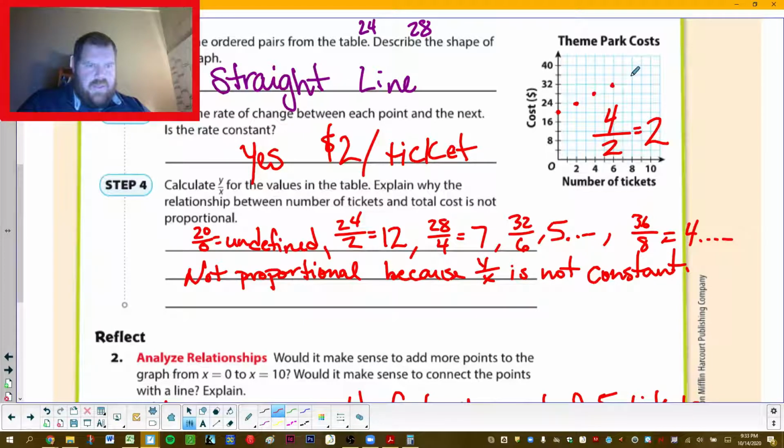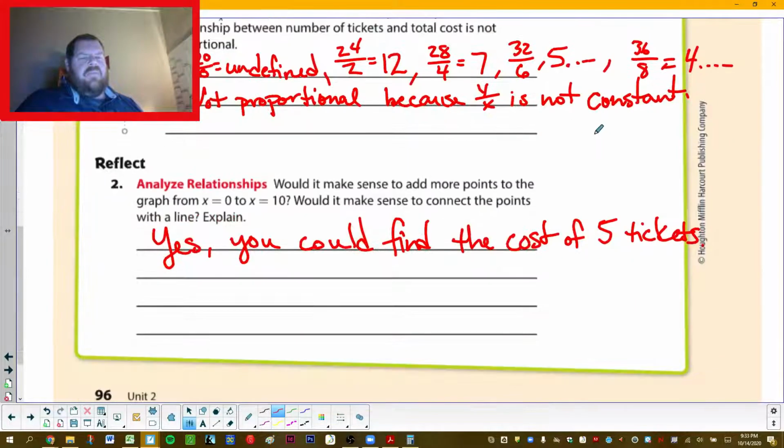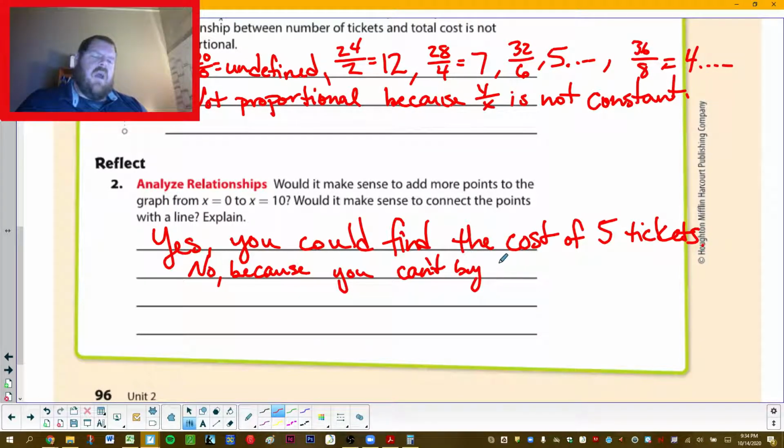So we have these ones. And all they're really getting at is that, I'm just going to go ahead and say no, it would not make sense to connect the points with a line, for the simple fact that you can't buy, let's say, 4.5 tickets.